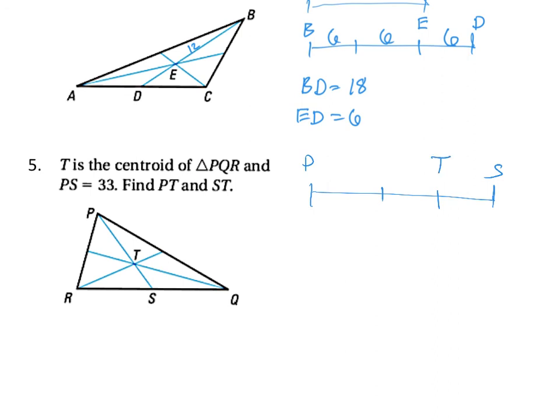The entire thing is 33, so I just take 33 divided by 3. That gives me 11, so this is 11, 11, and 11. Then PT is 2 of these, 11 plus 11 is 22. And PS, we already have. ST is this last segment here, which is just 11.